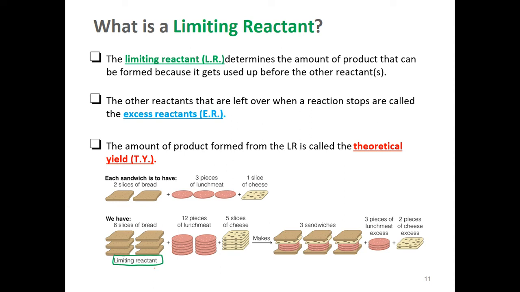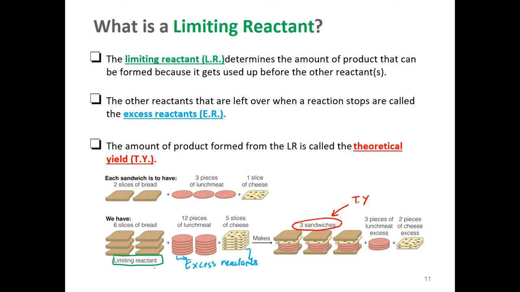So this is in excess. Both of these reactants are excess reactants. Okay, and the theoretical yield of sandwiches is 3.